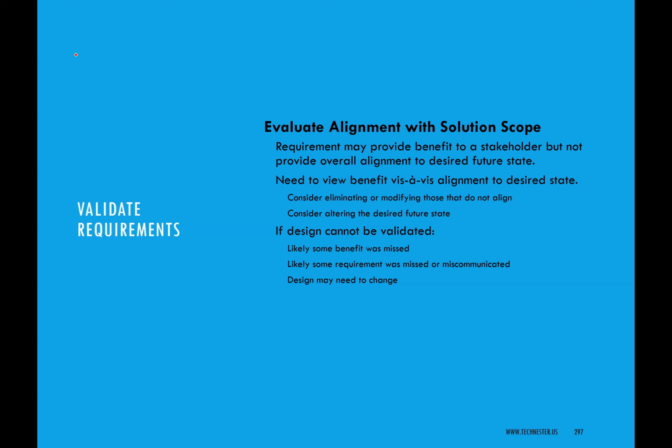See, the truth is, if you have a design that cannot be validated, what that means is you have either missed some key requirements or some requirements have been miscommunicated.